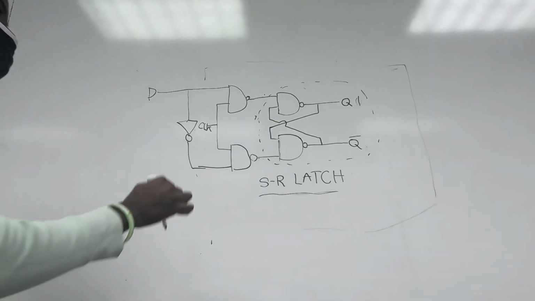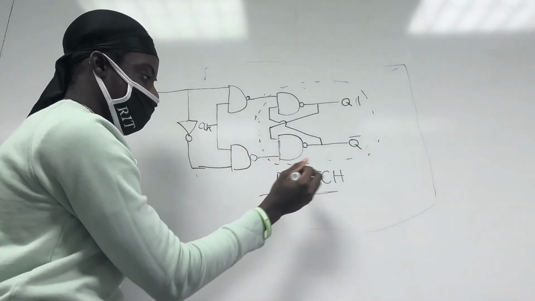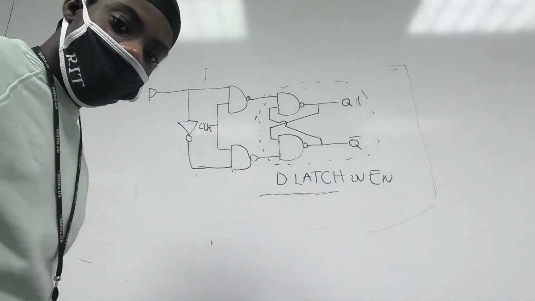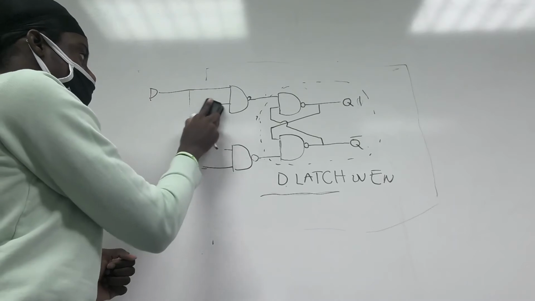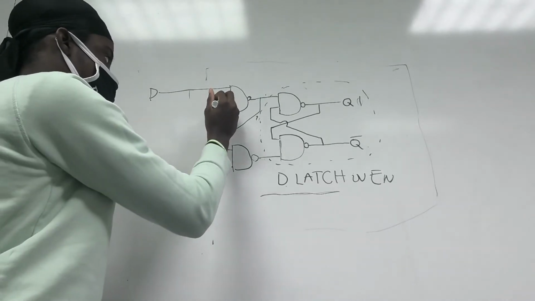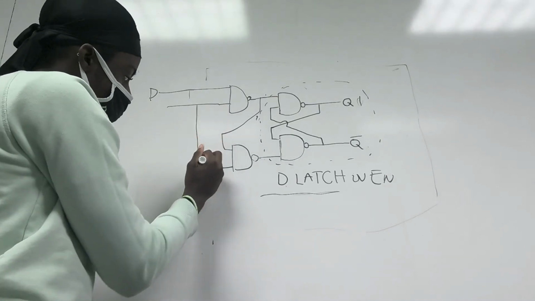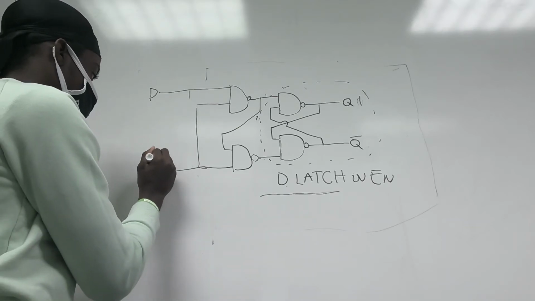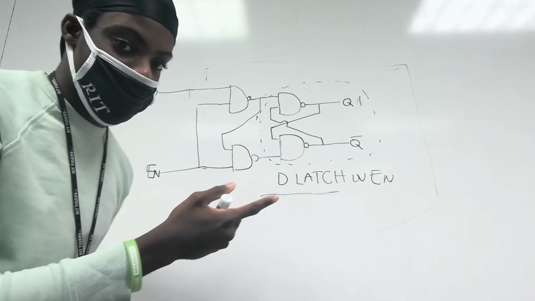And so another thing about a D latch with enable is that by careful rewiring of this circuit, of just the 4 NAND gates, this performs the exact same function as the one that was there before.